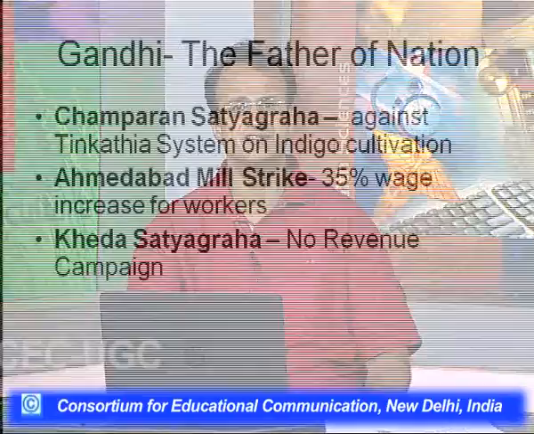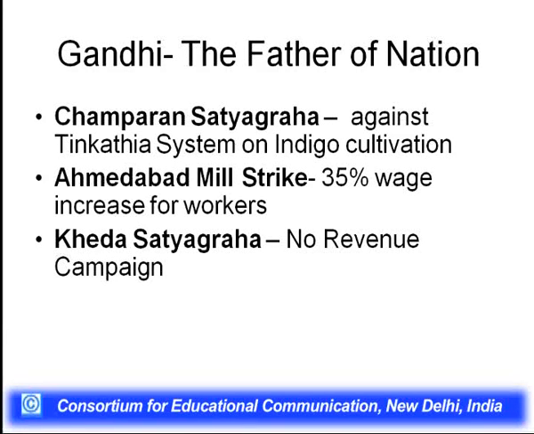For example, the Champaran Satyagraha, in which Gandhi got involved against the Tinkathia system of indigo cultivation; the Ahmedabad mill strike, in which a 35% wage increase for workers was sought by Gandhi and achieved; and the Kheda Satyagraha, where a no-revenue campaign was launched by Gandhi. In all three movements Gandhi was successful, and his popularity increased because of the kind of achievement he could secure.